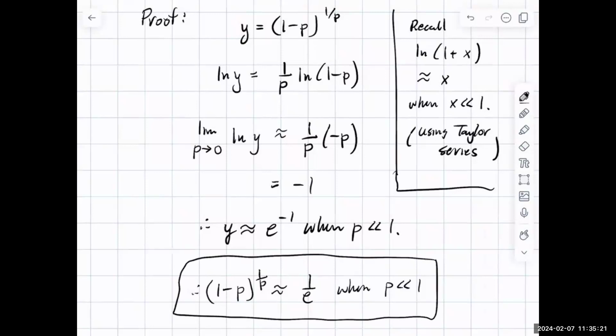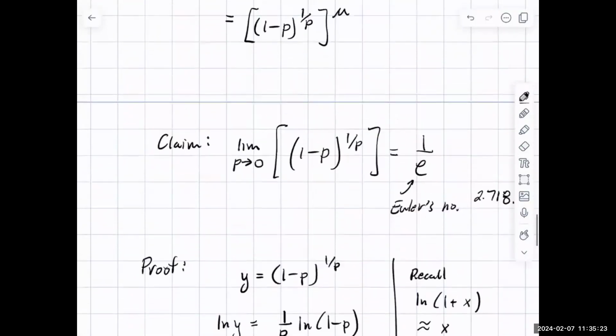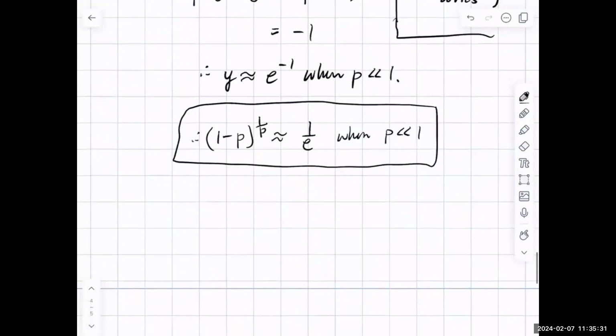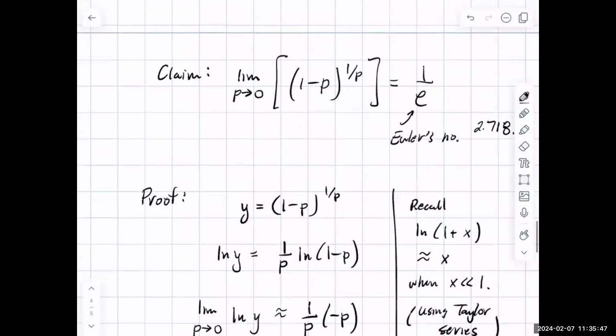Okay, so then what we're going to do is we go back to this expression, (1 - p)^n. (1 - p)^n is equal to, what was it? It was ((1 - p)^(1/p))^mu, was it?